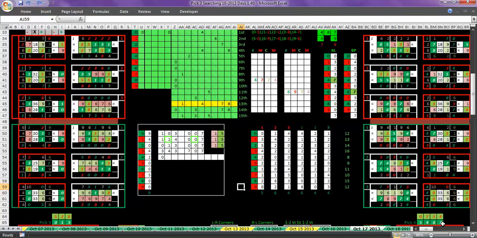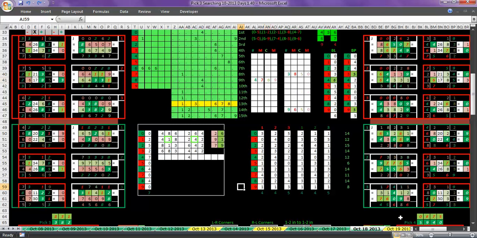Let's see, 5487, there's your 4 and 7 pair. 18th is 4 and 9, there's 4 and 9, and here you actually have the 5 and the 9-0 actually all showing.